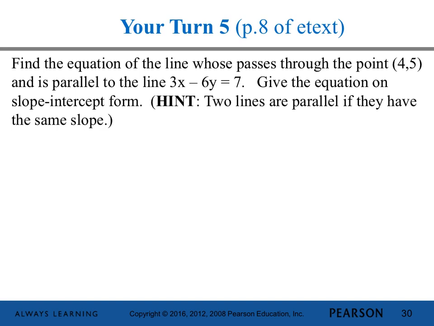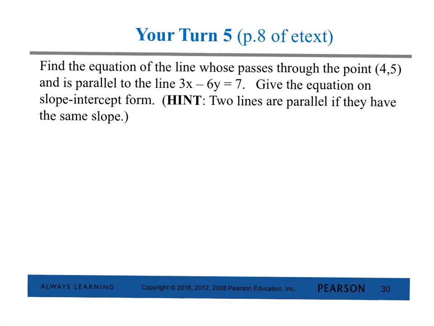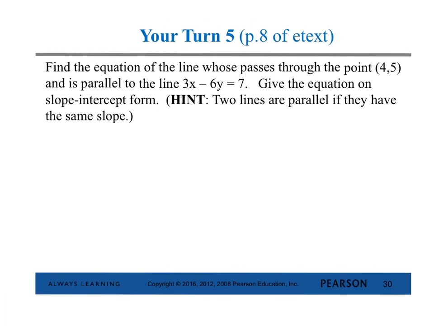This is another your turn problem, similar to the one that we just did, or several of the ones that we just did actually. It says it's going to pass through the point (4, 5), and it's parallel to the line 3x minus 6y equals 7.